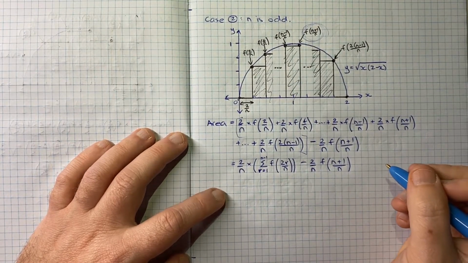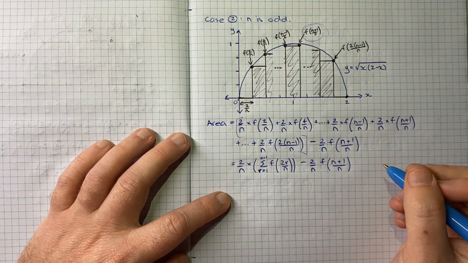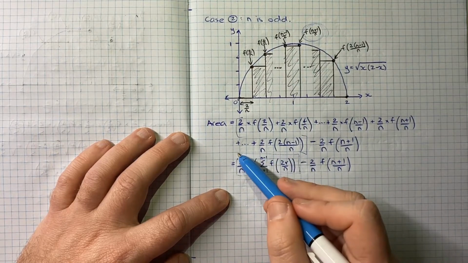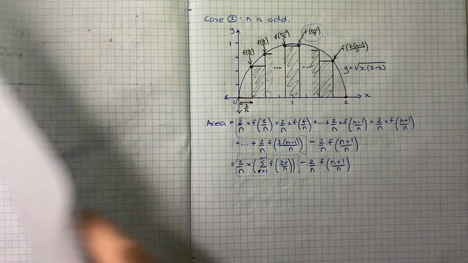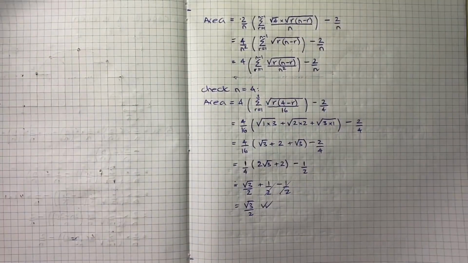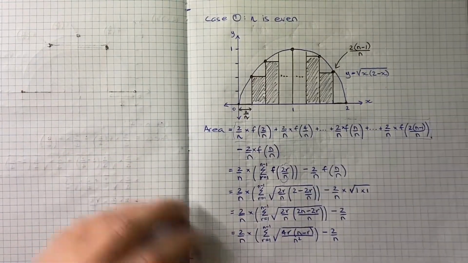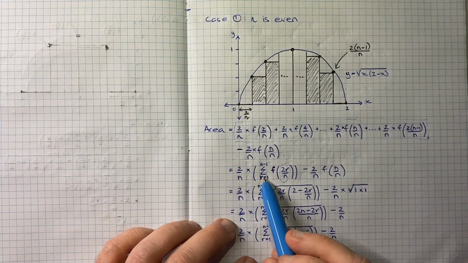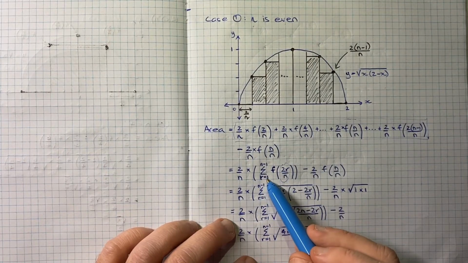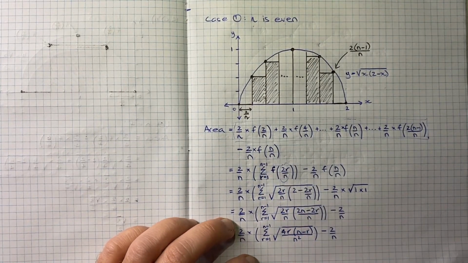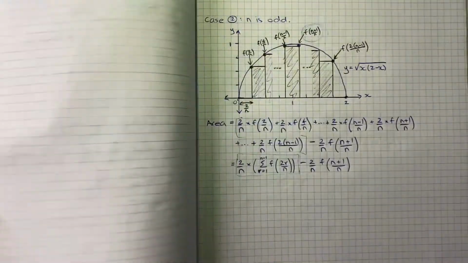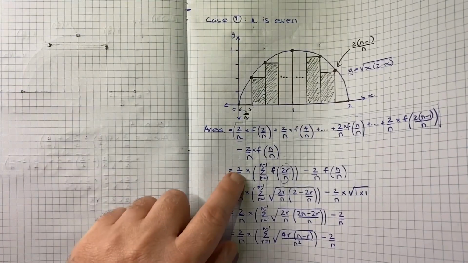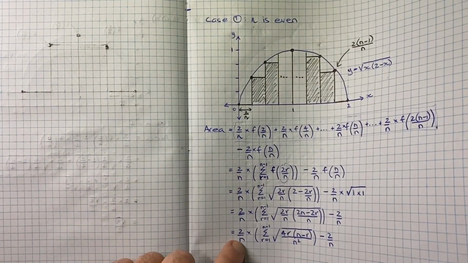Alright, now in terms of how we simplify this, if I look at this first bit here, that's essentially, if we flick back to when we were dealing with the even case, 2 on n times the sum from r is equal to 1 to n minus 1 of f of 2r on n. And then what have we got right now? 2 on n times the sum from r is equal to 1 to n minus 1 of f of 2r on n. So this bit here, whatever it's simplified to, is going to be the same.